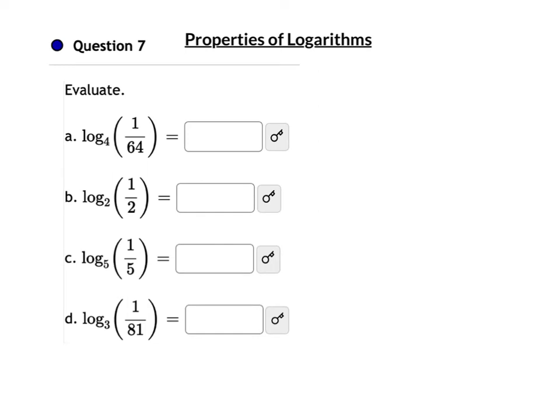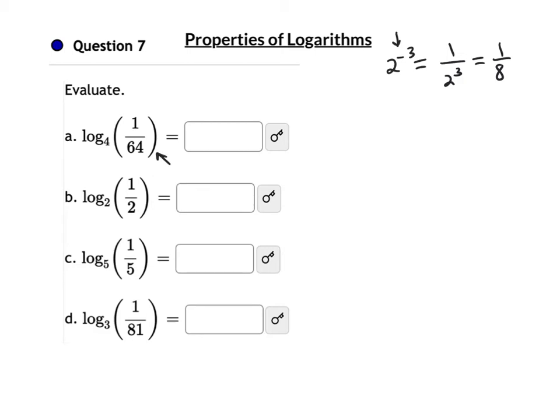Question 7 involves negative exponents. 2 to the negative 3rd is 1 over 2 to the 3rd. That negative has nothing to do with a negative number. It means reciprocal. 2 to the negative 3rd is actually 1/8.